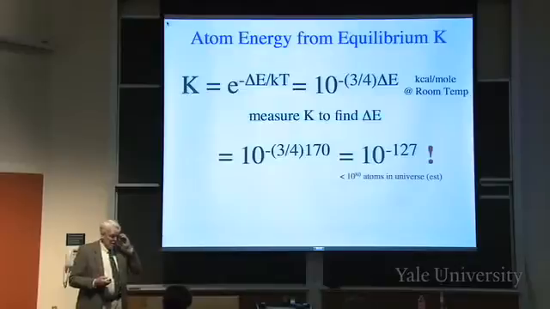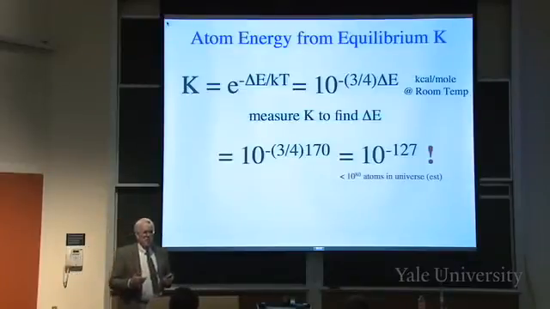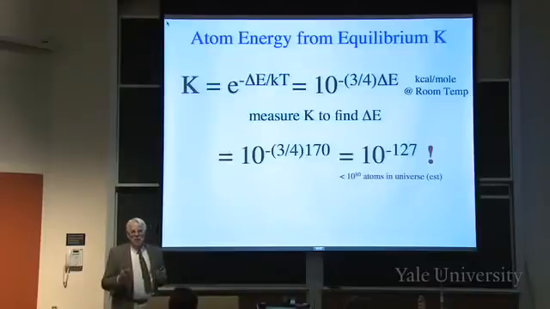And that means, since there are only something of the order of 10 to the 80 atoms in the universe, there would not be at room temperature a single carbon atom at equilibrium with graphite if everything in the universe was graphite. So it's not a very favorable equilibrium constant.